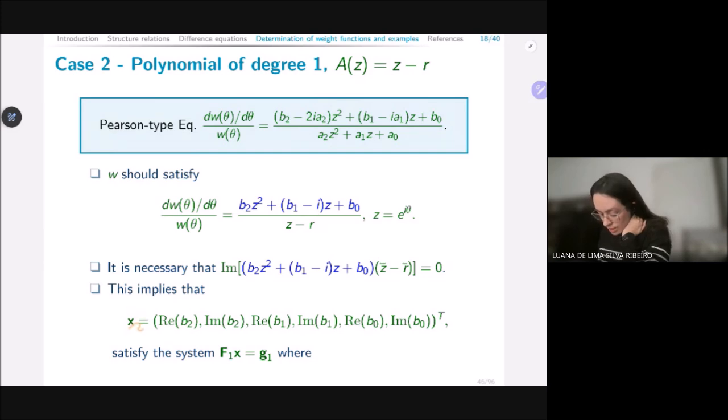So let's define the vector x here with the real part and imaginary part of B2, real part and imaginary part of B1, real and imaginary part of the coefficient B0. And we want to find all possibilities such that this holds.